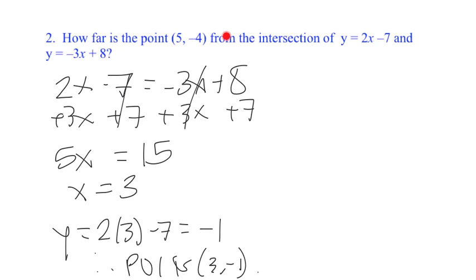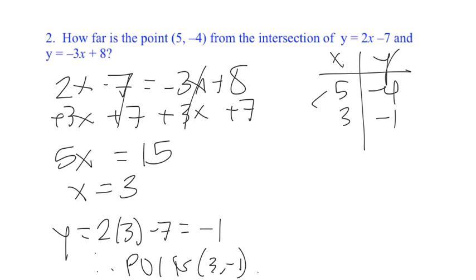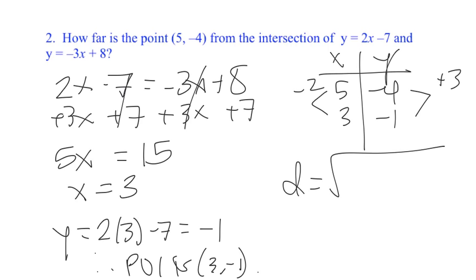From this point, we just need to put this new point and the other point that was given in the question, this one, 5, negative 4, into a table of values. So we have 5, negative 4, and 3, negative 1. Here our delta x is negative 2. Here our delta y is positive 3. And just put that into our distance formula.